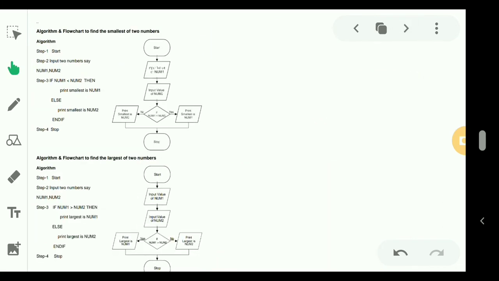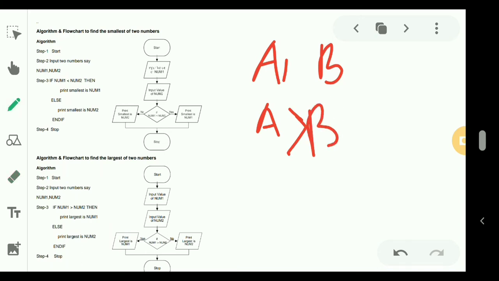Now next flowchart is that we have to find out the smallest number among the two numbers. Let's see how to do it. Suppose one number is a and another number is b. So we will check whether a is greater than b.